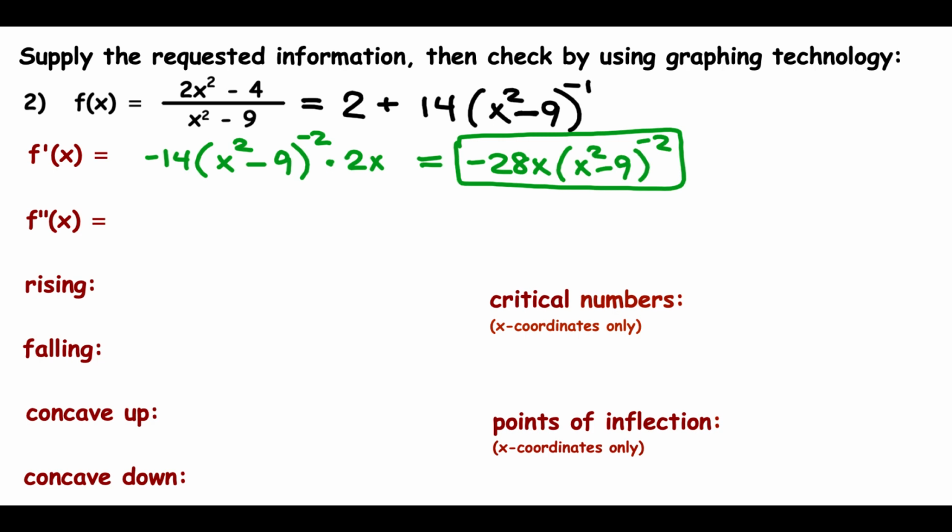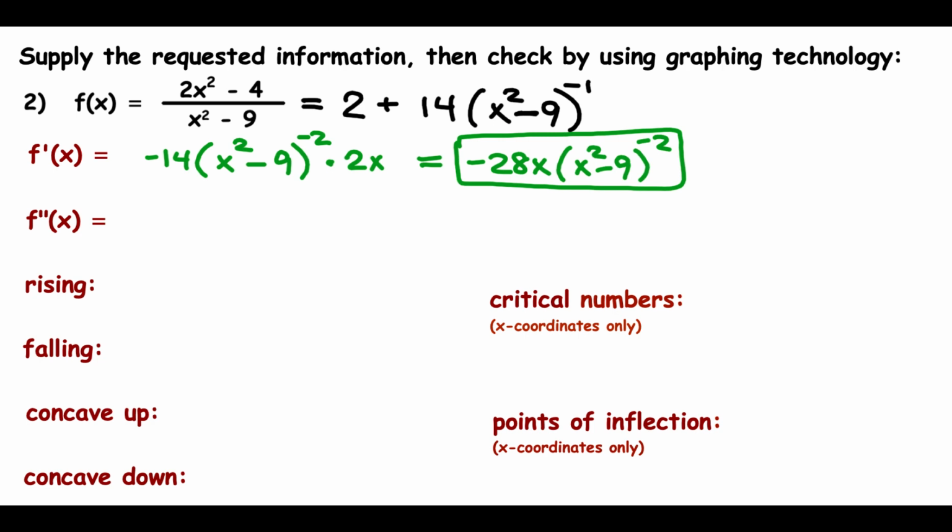The second derivative, unfortunately, we're going to have to take that first derivative and do a product rule to it. Oh boy. So the u will be the negative 28x. The v will be the rest of it, the parentheses to the power. So hang on tight. Here we go.